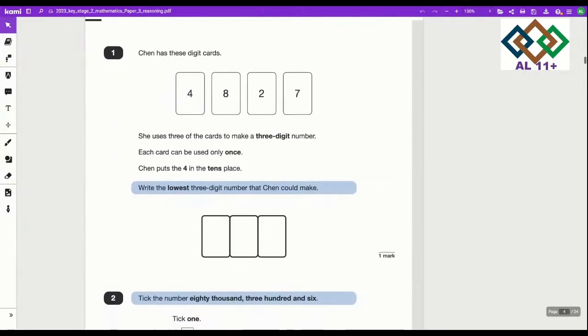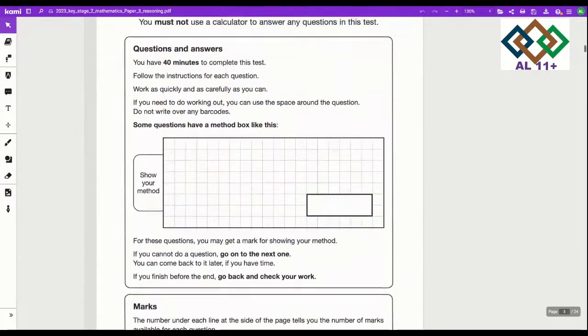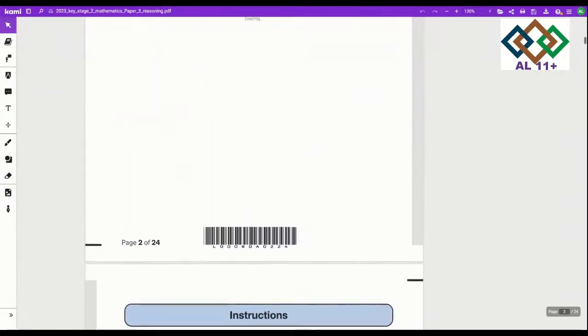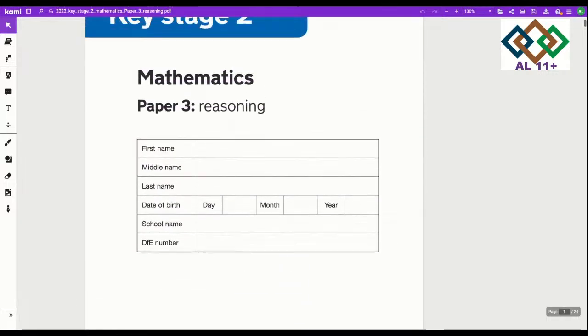Now the first one is you have to change these cards. Let me see what the paper is so you can know. Somebody's asking which paper we are doing. I'll just show you.